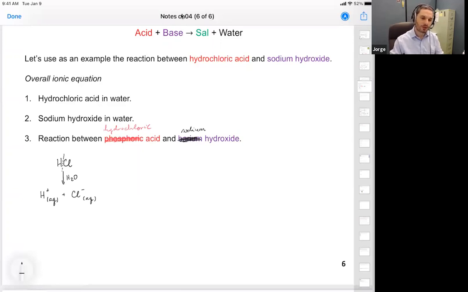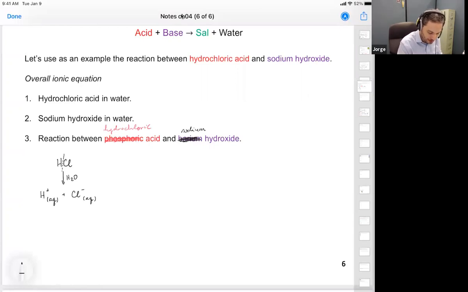Okay, so the original compound HCl, of course, does not have H plus and Cl minus, but those ions are formed once the compound is dissolved in water, and we want to represent the ions that are formed. That's the idea of ionic equations.